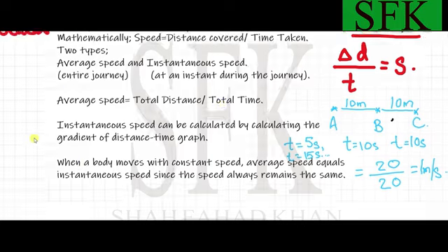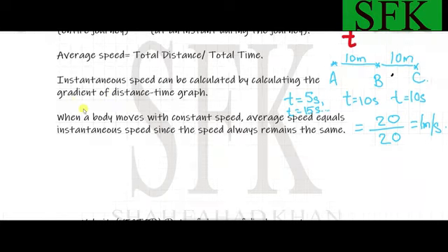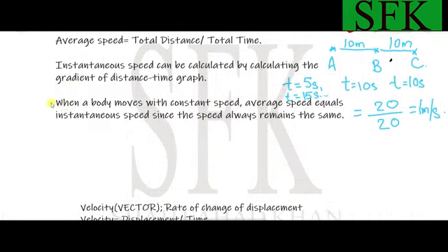Okay, this is an important point. It has been asked in the past year papers, so better look at it carefully. When a body moves with constant speed, it means the speed is not changing, it's uniform. So the average speed will equal the instantaneous speed as the speed remains the same.